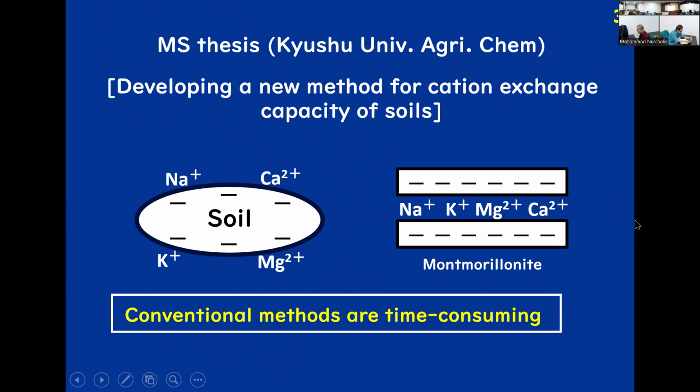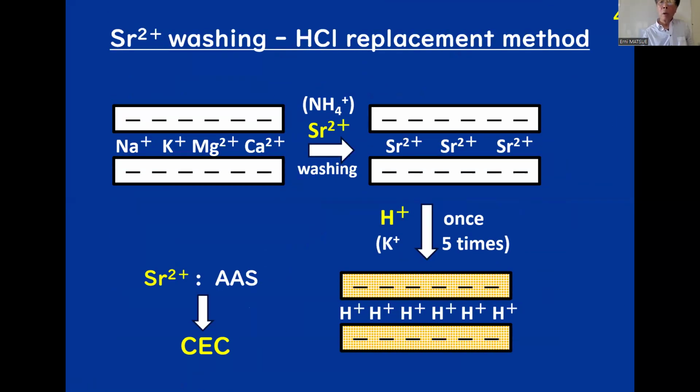Cation exchange capacity is the index of the fertility of soils. But conventional methods are time consuming. Then I developed a method using strontium and hydrochloric acid.